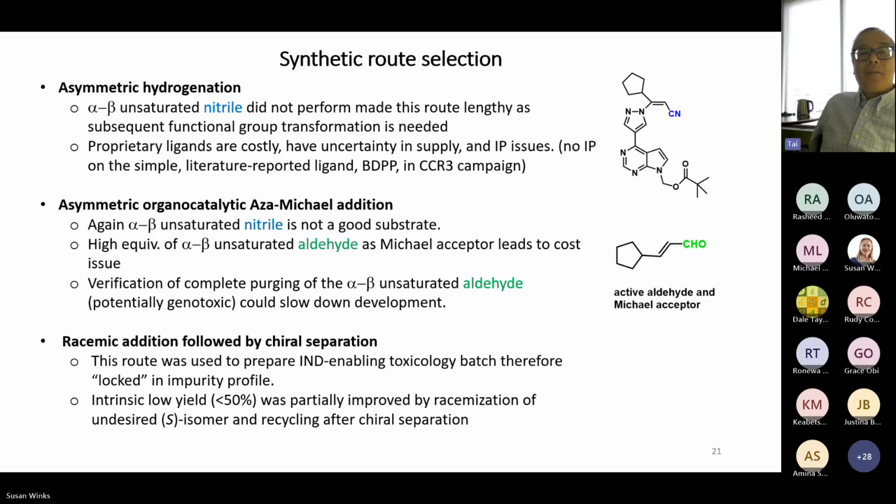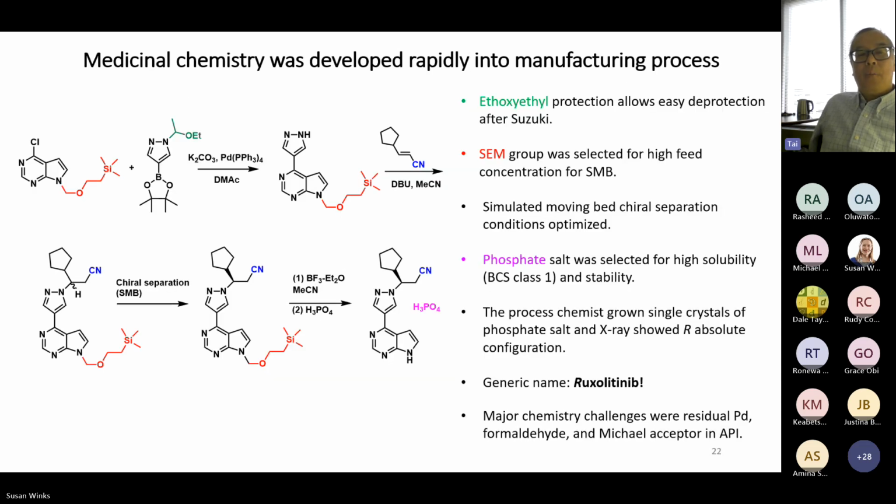So in this slide, I try to summarize almost two years of work in optimizing the original MedChem idea into a manufacturing process. In green, we show the suitable protecting group to use in the Suzuki coupling. You can see the chloro-diazepyrin coupled with the boronic ester, and the pyrazole is protected as the ethoxyethyl.